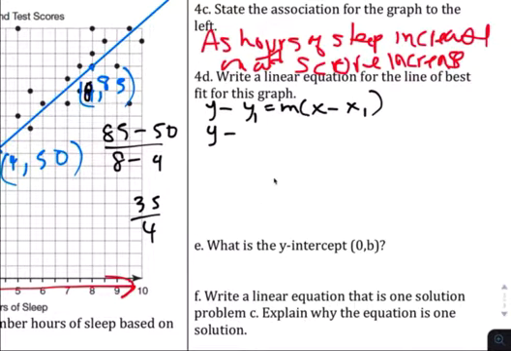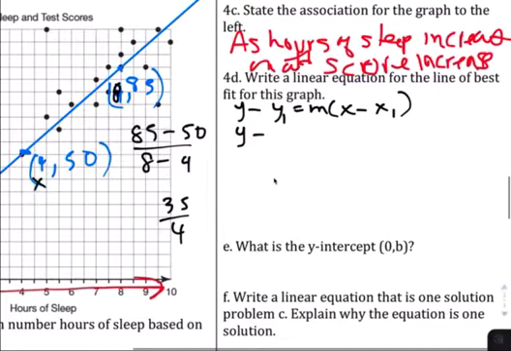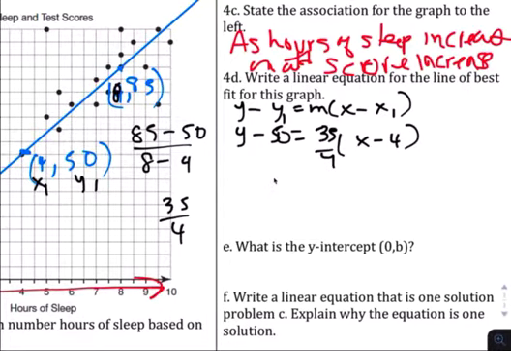Y minus y1, which is 50, equals m, which is 35 over 4, parentheses x minus 4. Okay, y minus 50 equals 35 over 4x minus 35.